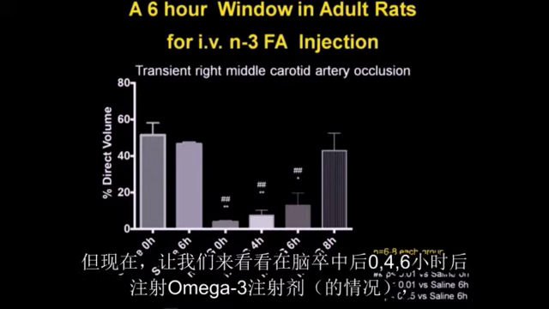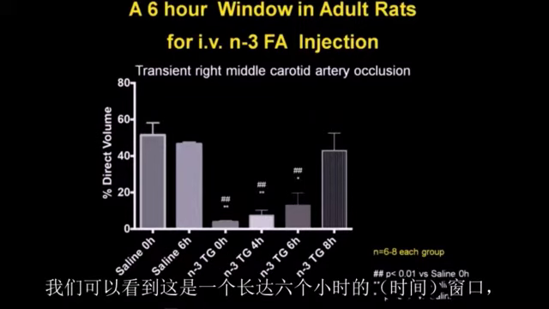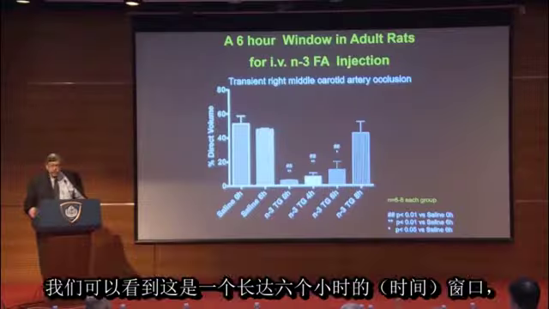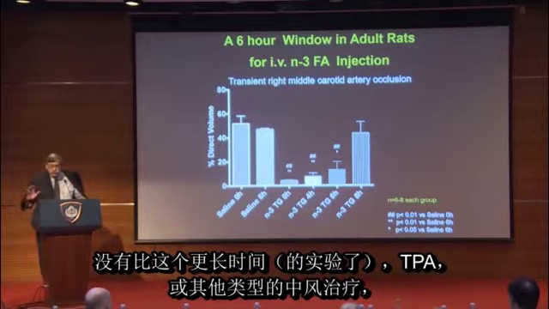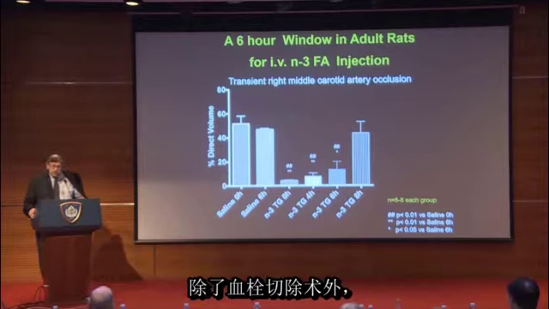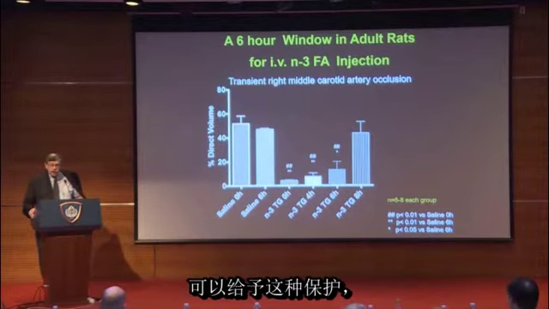But now let's look at the window of 0, 4, 6 hours with the omega-3 injection. You can see we have a window of up to 6 hours. There's nothing out there, TPA or the other kind of treatment for stroke, except for thrombectomy now actually, that can give this kind of protection.